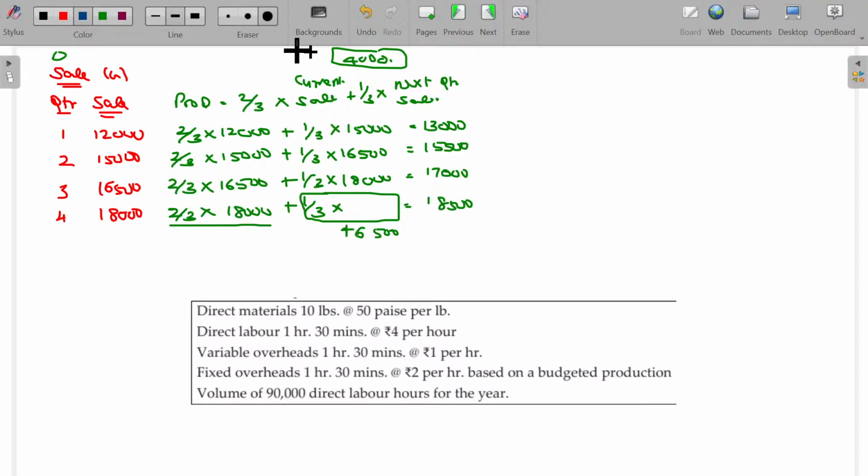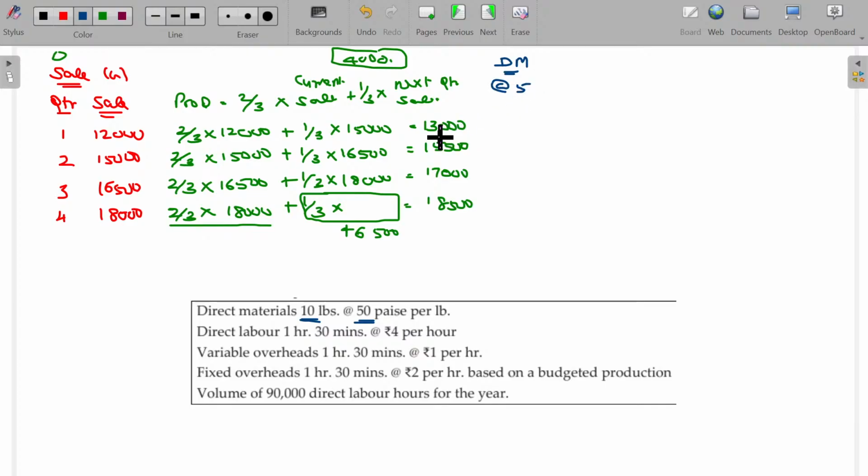What are the things you have to find out? Okay. So we go for direct material. Direct material being 10 pounds required, per pound cost being 50 paise, then total being 5 rupees.